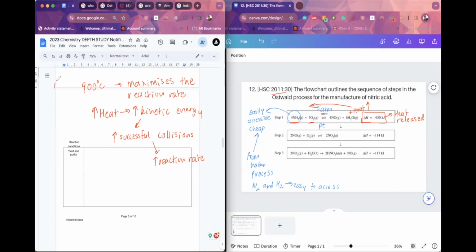So you say that in step one, the reaction rate is favored, and then 900 degrees Celsius, or the temperature that is 900 degrees Celsius, is a compromise.